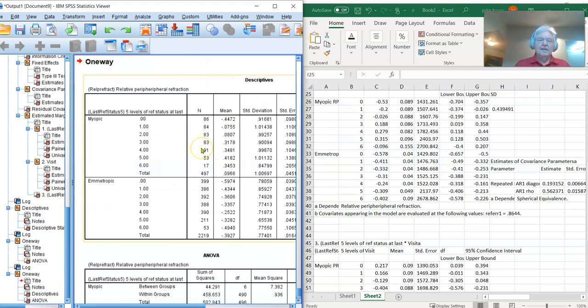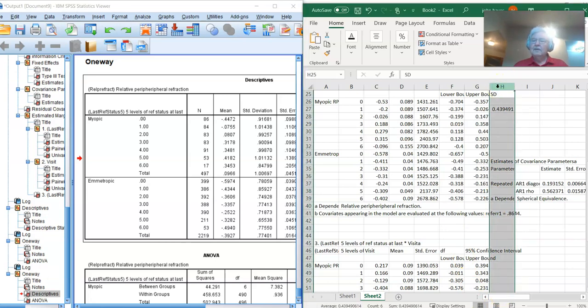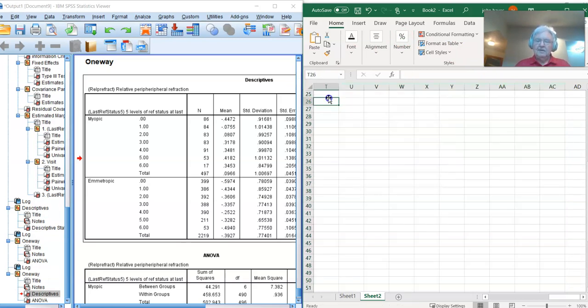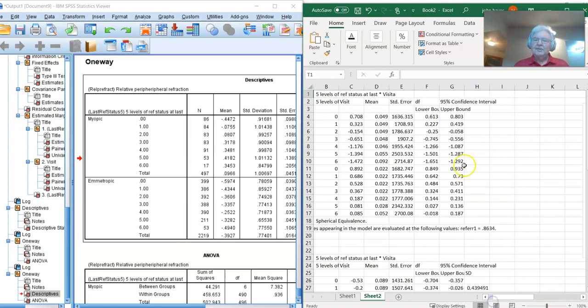Okay. Now, this gives us the Ns for each one. So we can copy this guy, copy, and let's give us lots of room here. Insert. This is probably a lot clunkier than it has to be. Shoot. I'm not sure I like what I'm doing here.